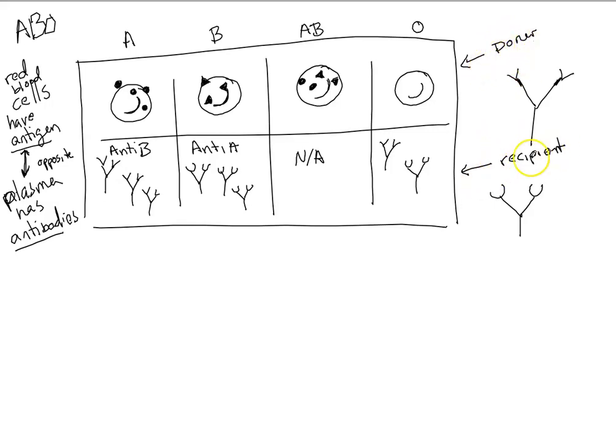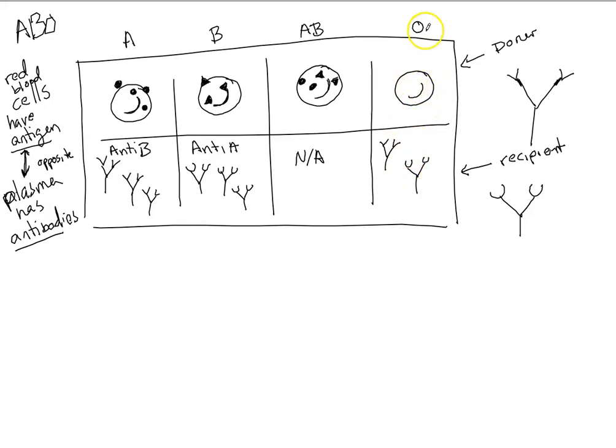Now, what I mean by these arrows again is that when you consider donations, you only consider the cells of the donor, and you only need to consider the plasma of the recipient. So a person with O-type blood, if you put this cell near these antibodies, you are fine, because there is nothing for these to attach to.